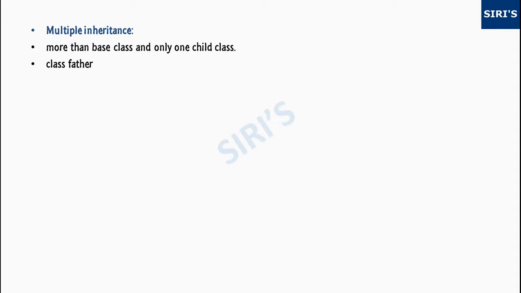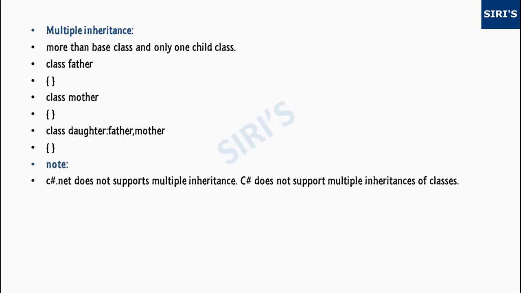Multiple inheritance: more than one base class and one child class. Here we declare two base classes and we declare a child class for the two base classes. Note: C# does not support multiple inheritance of classes.